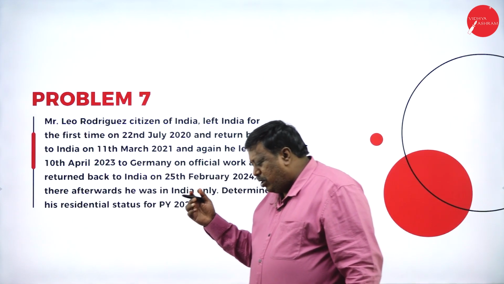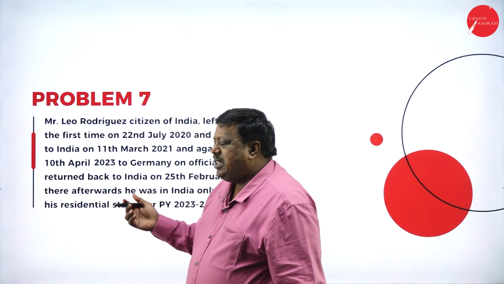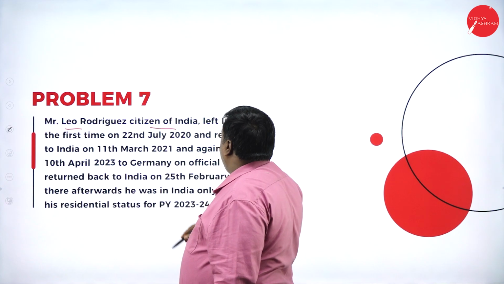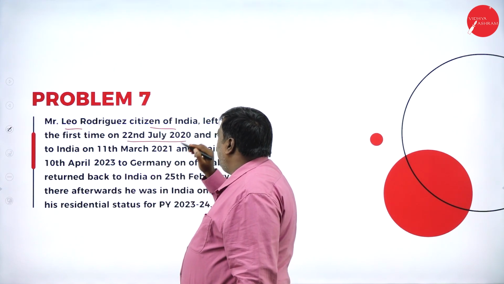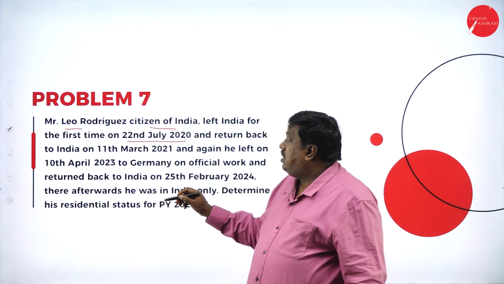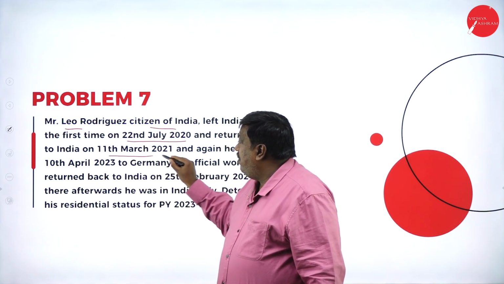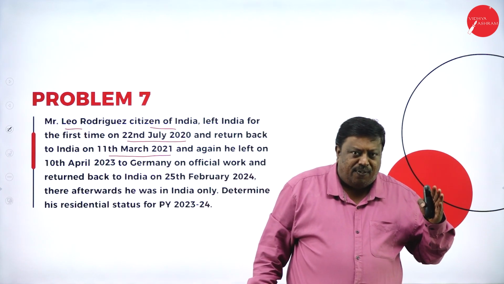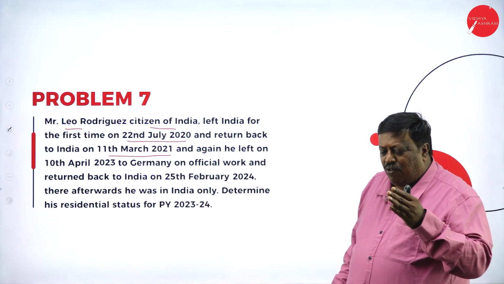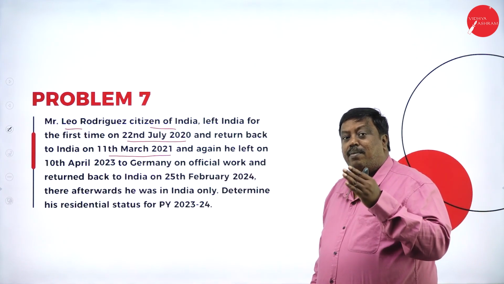The problem we are going to solve: I'm Mr. Leo, citizen of India. I left India for the first time on 22nd July 2020 and I returned back to India on 11th March 2021. It means up to 21st July 2020, I was in India only from my birth.